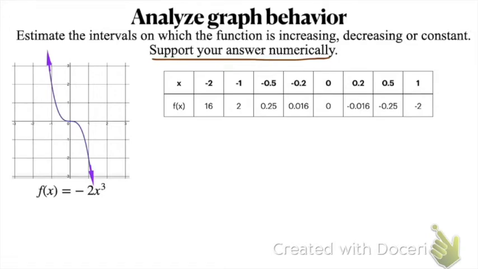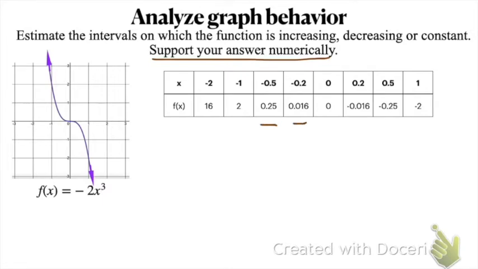But if you look at our table over here on the right, to make sure what's going on, I actually look at a table of values going across my graph. I see there's a spot that might be flat. So I look at what's going on around 0, and you'll see as we get close to 0 at negative 0.5, we're at 0.25.